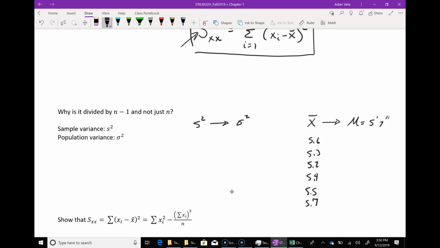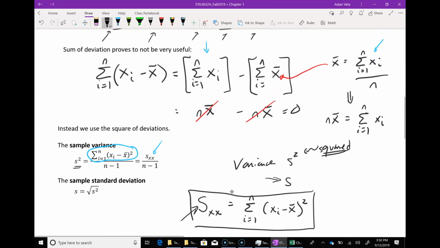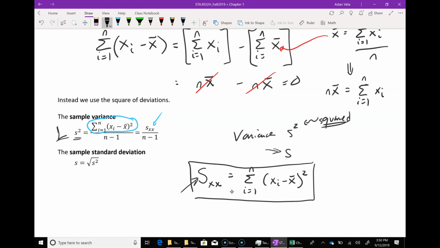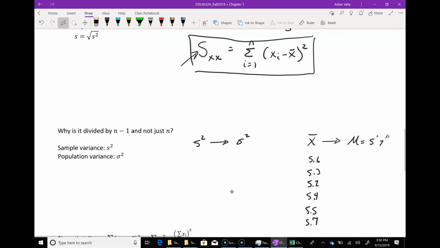Now, it turns out that the equations you use can also bring about bias. What we'll see is that if I were to define sample variance, let's pretend, as xi minus the mean, squared, over n.